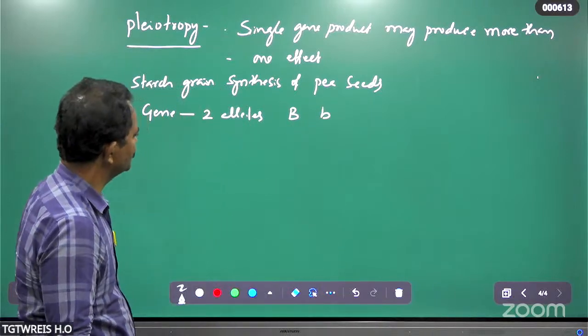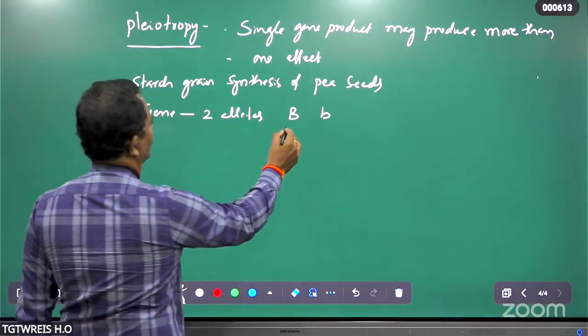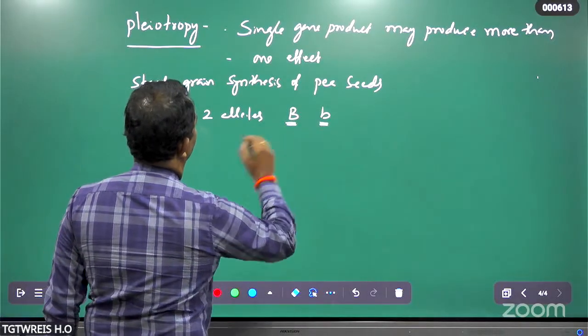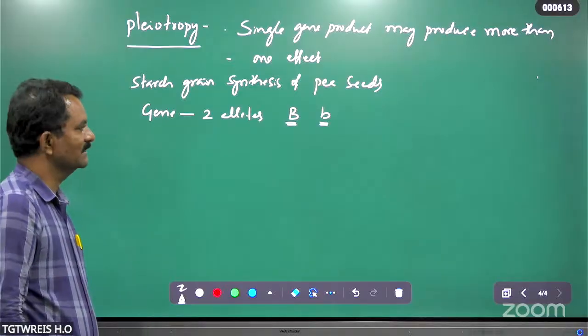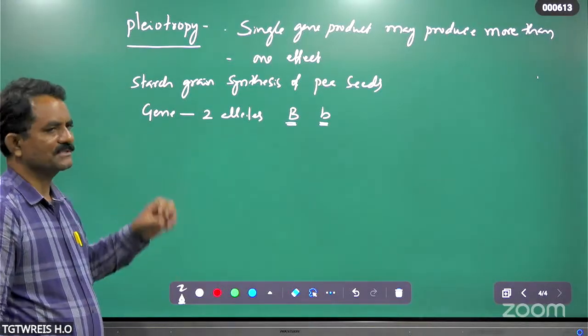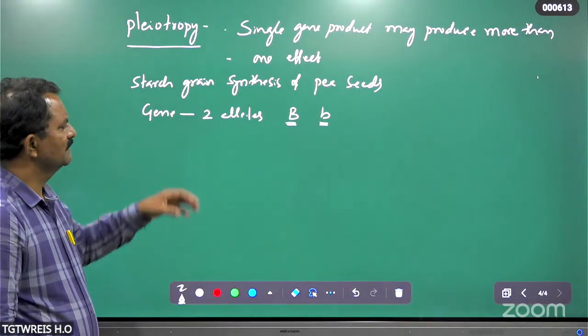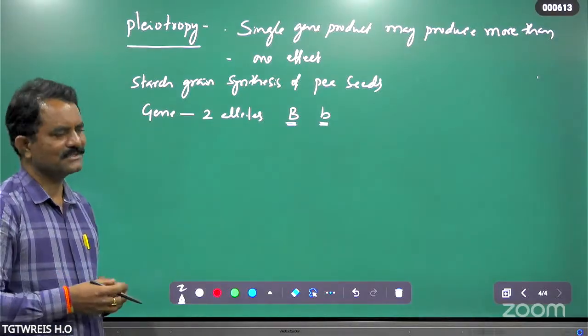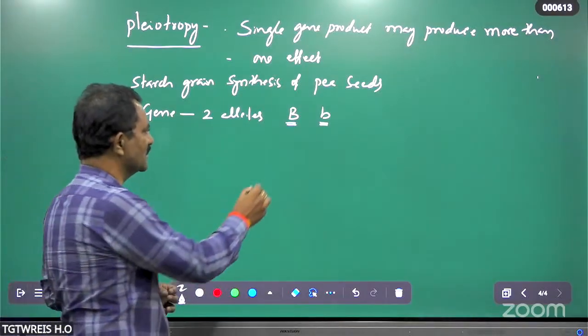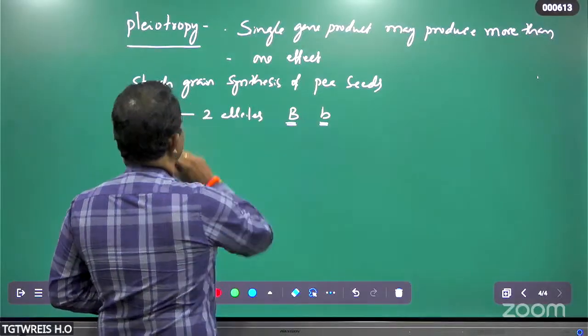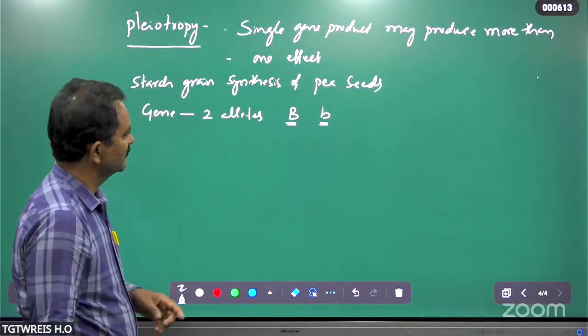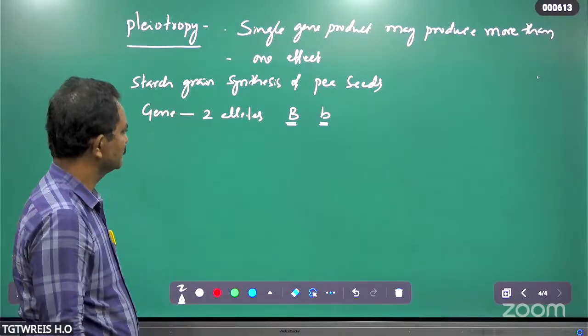The alternative forms of the gene are capital B and small b. These are the two alleles of the gene which regulates the synthesis of starch.